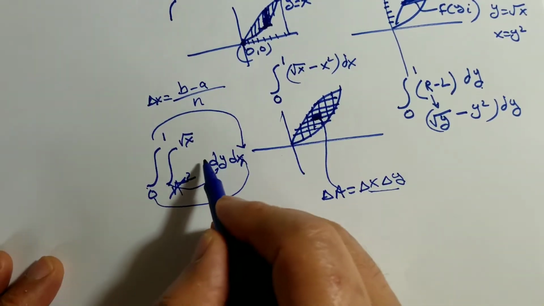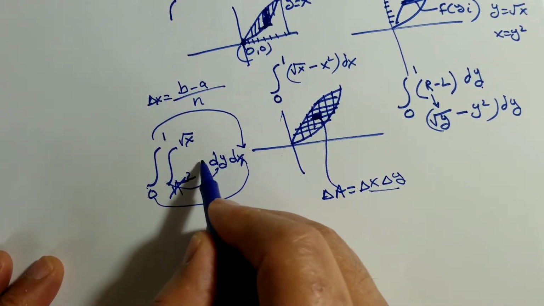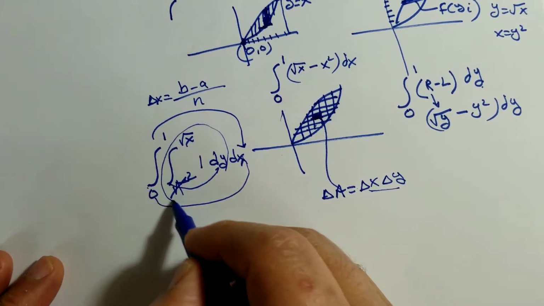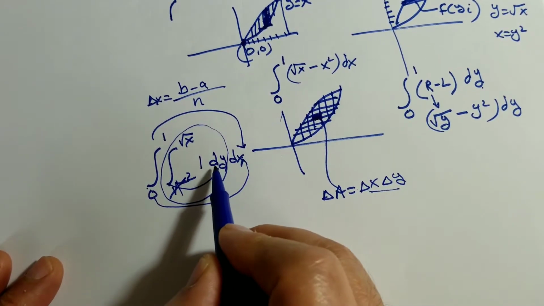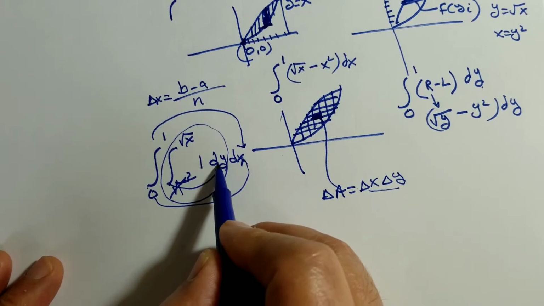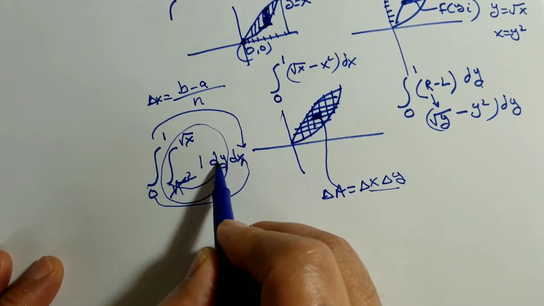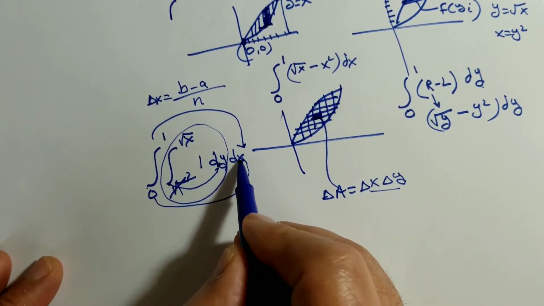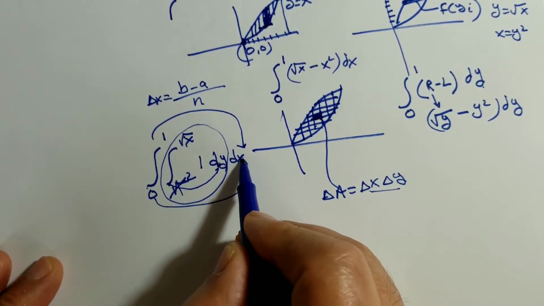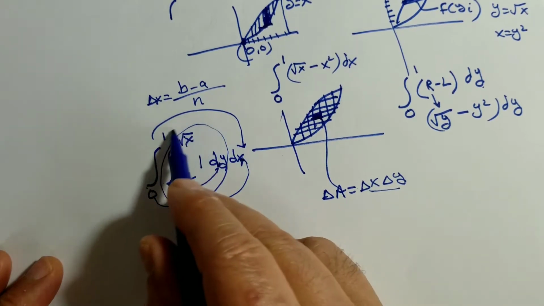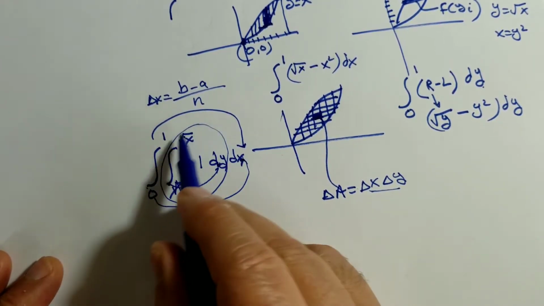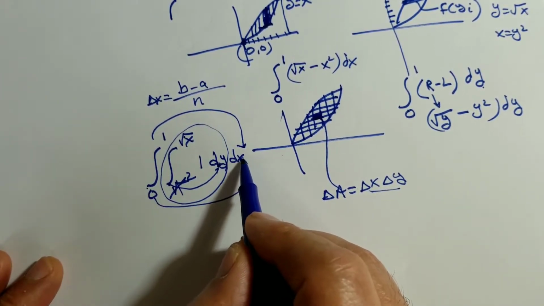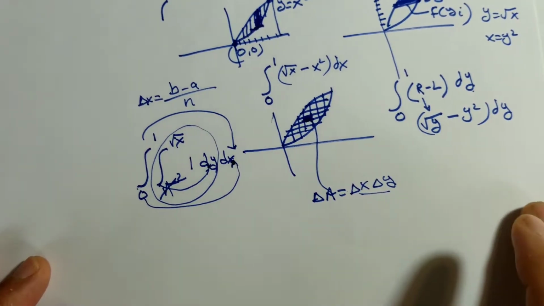And somebody said, okay, let's integrate this with respect to y first. But remember, whenever you integrate with respect to y, you have to make sure the lower limit and upper limit are functions of the outside variable, because whatever the outcome is, it has to be in terms of x in order to integrate with respect to x.